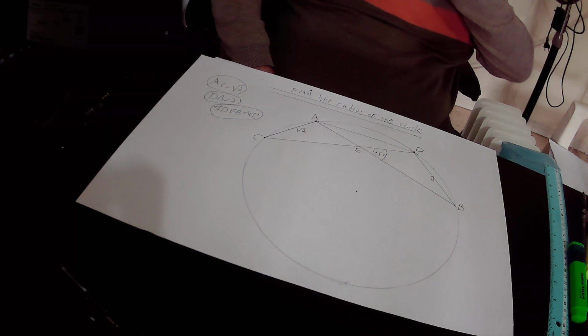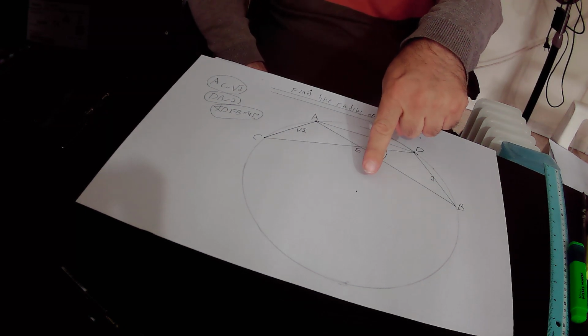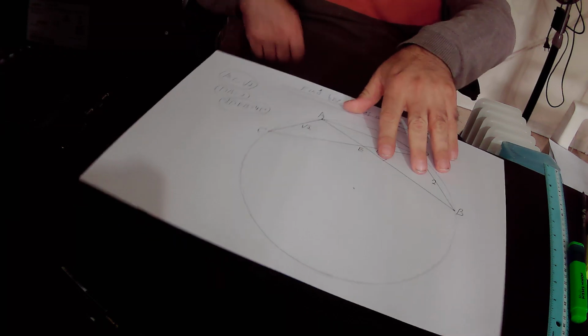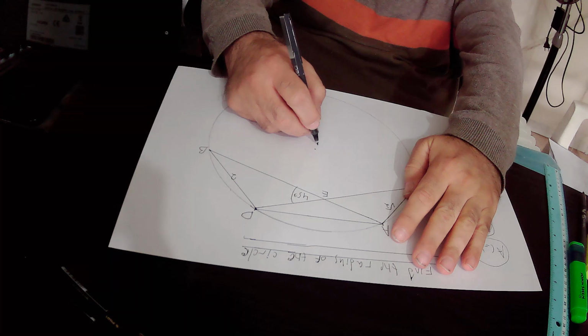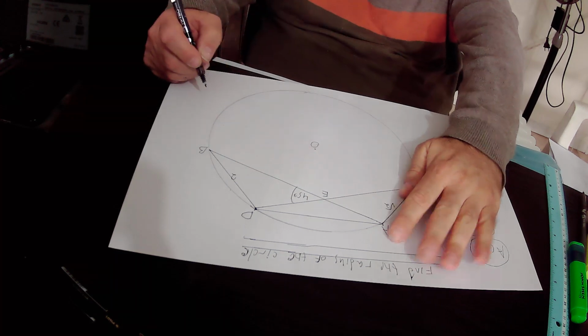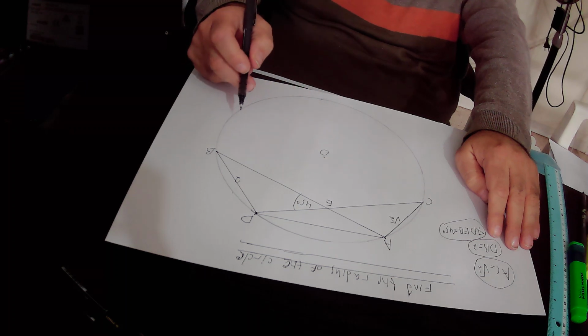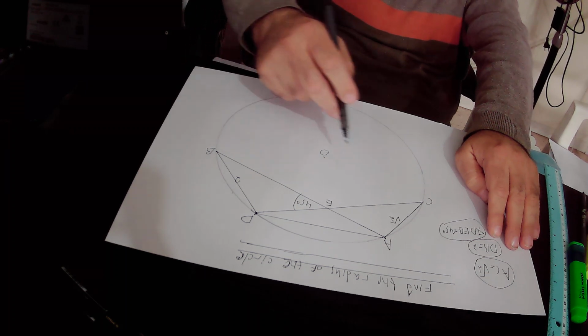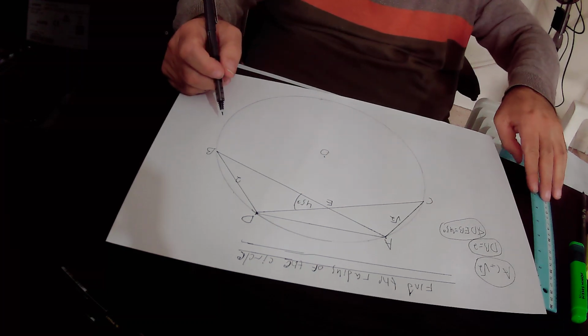So first of all, we define the center of this circle, this point, as O. In the next step, we will join points O and B, points O and D, points O and A, and points O and C by straight lines.